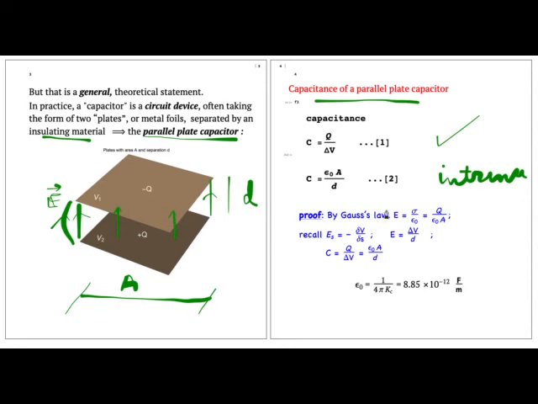And by Gauss's law, it's the charge density, let's say on the lower plate, so we'll call that sigma, divided by epsilon zero, where epsilon zero is that electric parameter called the permittivity of vacuum.